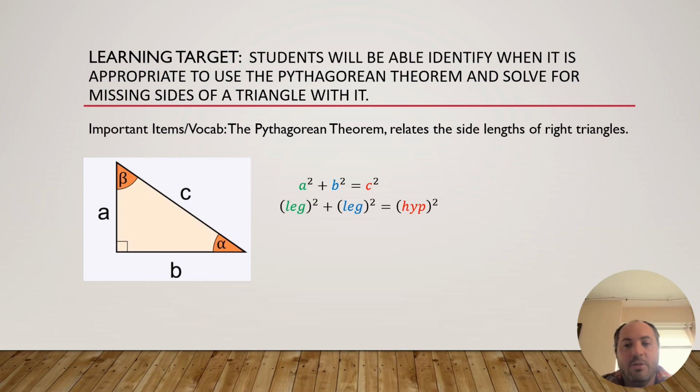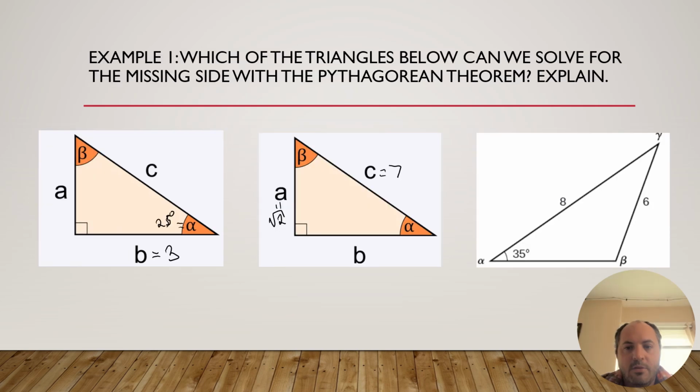So now let's jump into looking at a couple examples and deciding when we have enough information to use the Pythagorean theorem. As you can see here, I have three different triangles. We want to investigate the different aspects you need to use the Pythagorean theorem. The first thing is we know the Pythagorean theorem only works when you have right triangles.